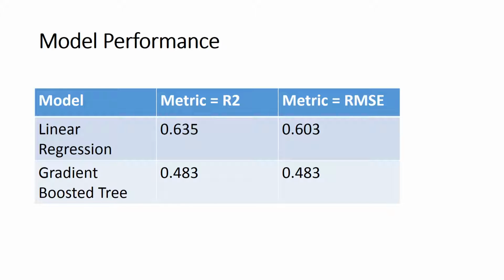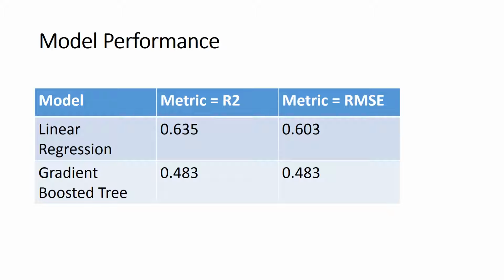And voila, here's the results that I managed to achieve with the linear regression model on R2 metric 0.635 and on RMSE is 0.603. In the Jupyter notebook, there will be a little bit of more detailed comments regarding the standard deviation and how this RMSE compared with the standard deviation.